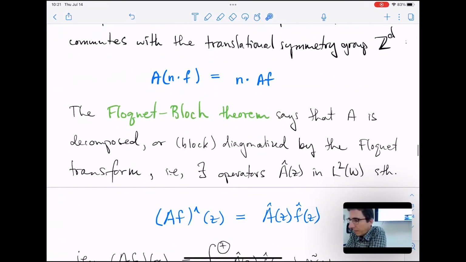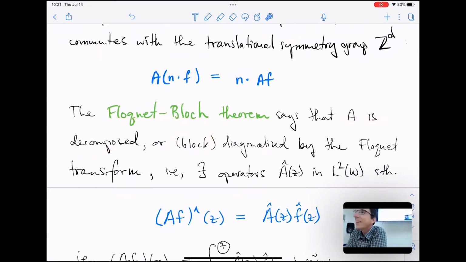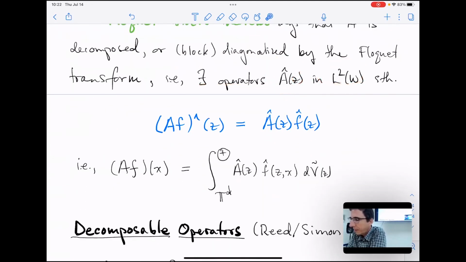The Bloch theorem says that A is diagonalized by the Bloch transform. In other words, there are these operators A hat of Z in L2 of W such that if I apply A to a function and then take the Fourier transform at Z, that's the same as taking the Fourier transform of F and applying this operator to it.